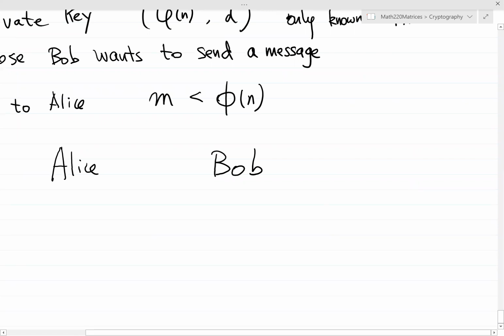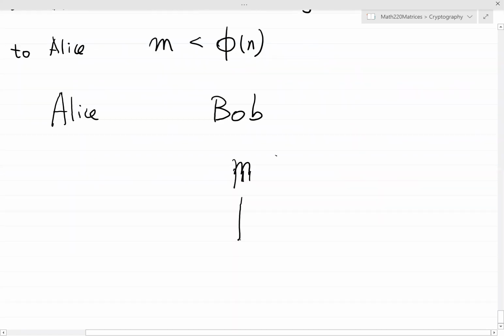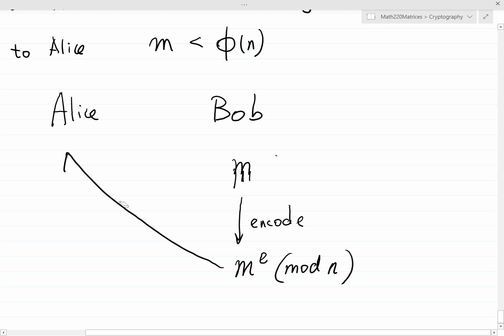The message M that Bob wants to send to Alice, Bob encodes to M to the power E. Now E is public, and then mod N. E and N are public. And then Bob sends this to Alice.